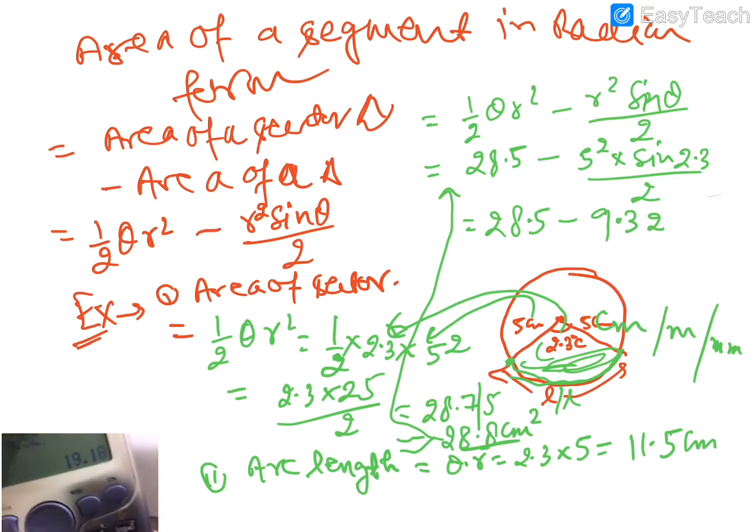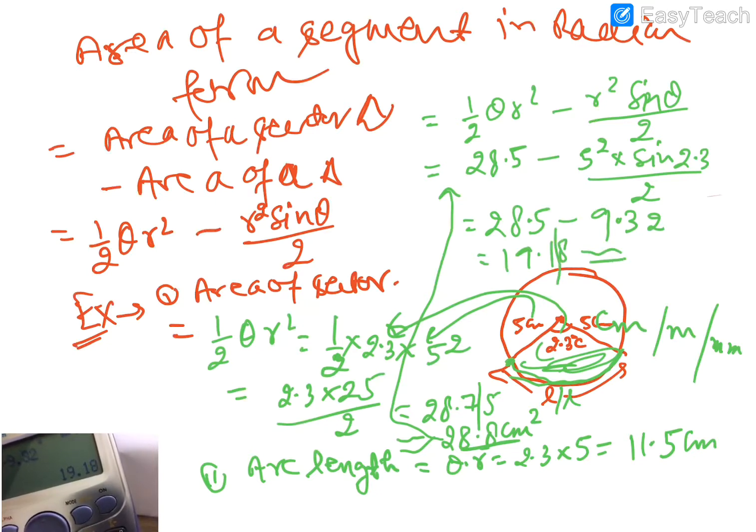So that answer came here 19.18. I will round up to three significant figures, so it is going to be 19.2 centimeter square, and this is your segment, this portion that we had to find. So I found it.